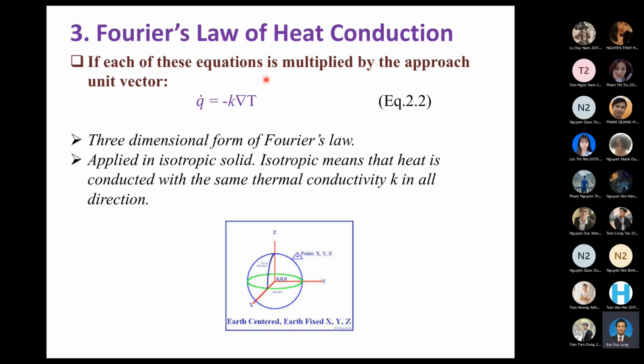If we write the form of Fourier law in three dimensions, for a sphere, and the equation is multiplied by the appropriate unit vector, we have q dot equal to minus k times the gradient of T, for three-dimensional conduction.